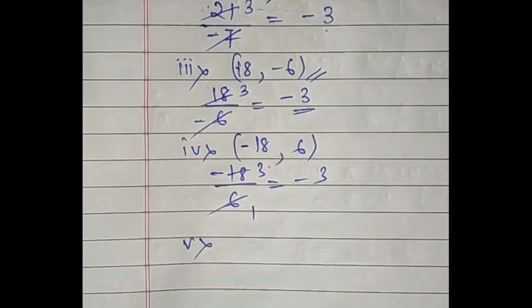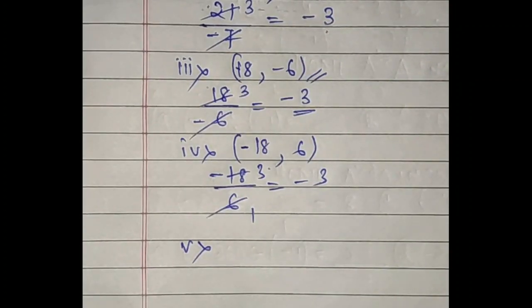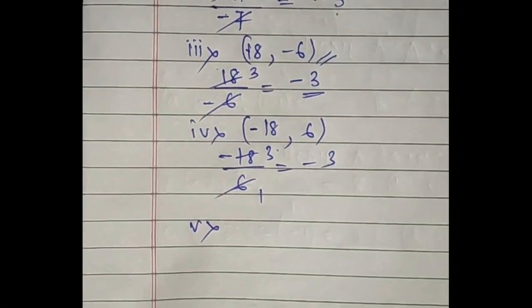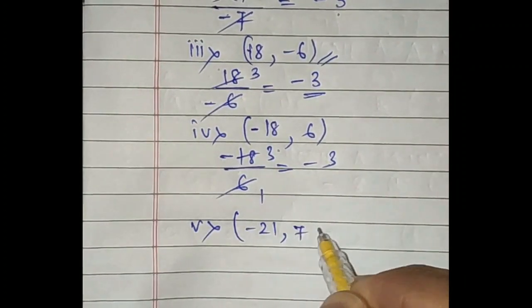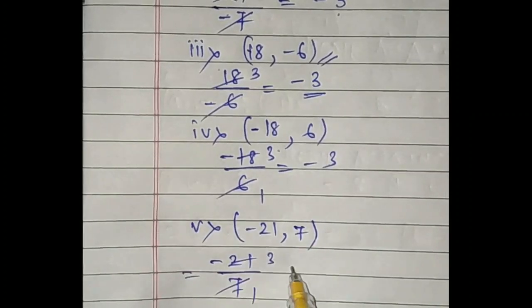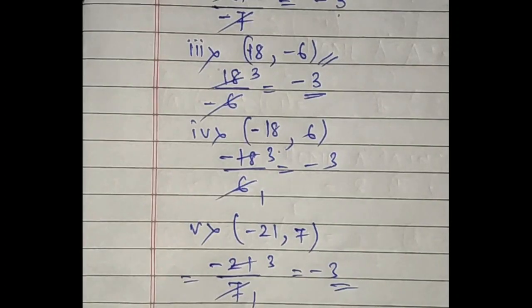If you want to choose another number in which you get -3, there are various numbers in which you can get -3. Let us see another: -21 comma 7. 7 3s are 21, and we get -3. So with this we are over with 5 pairs.